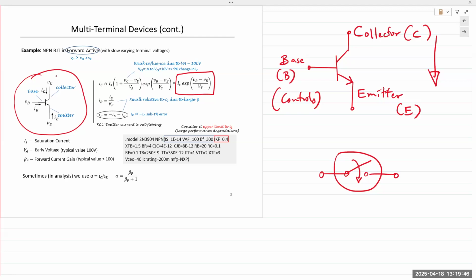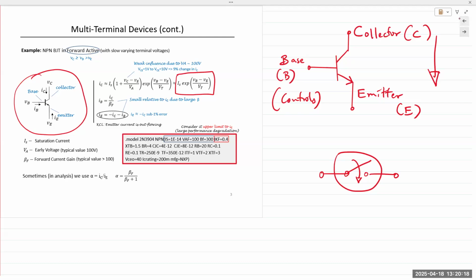Now, this is basically the SPICE description of a BJT. The model number is 2N3904, and it states it's NPN. Again, saturation current is part of the spec, similar to the PN junction diode, and is a function of the geometry, the design, and the doping profile.